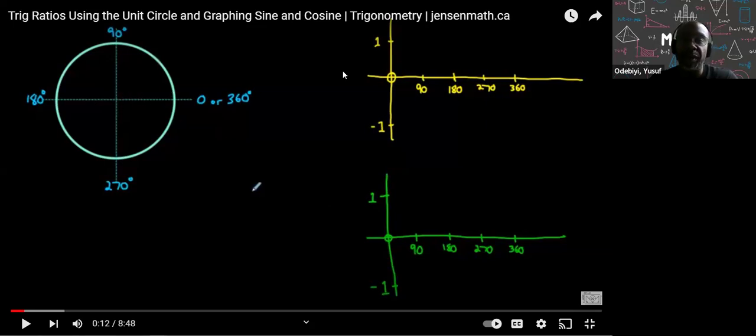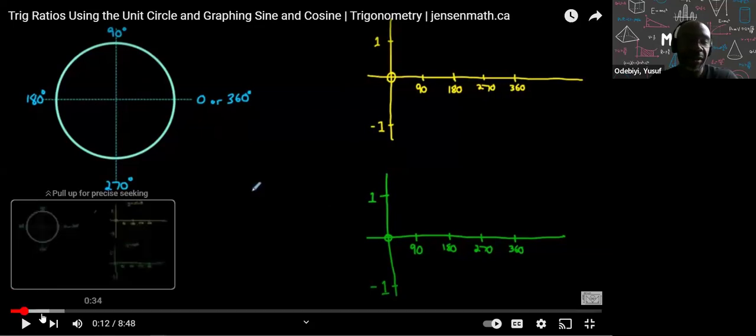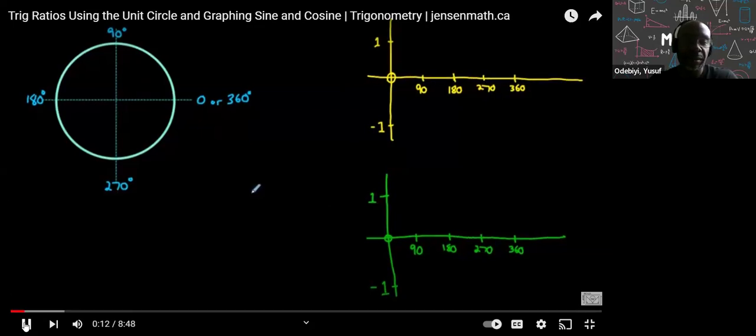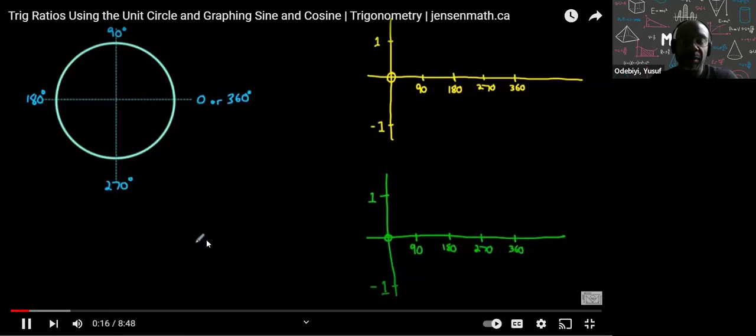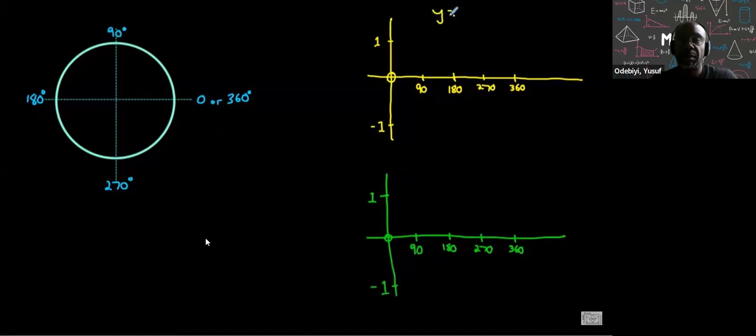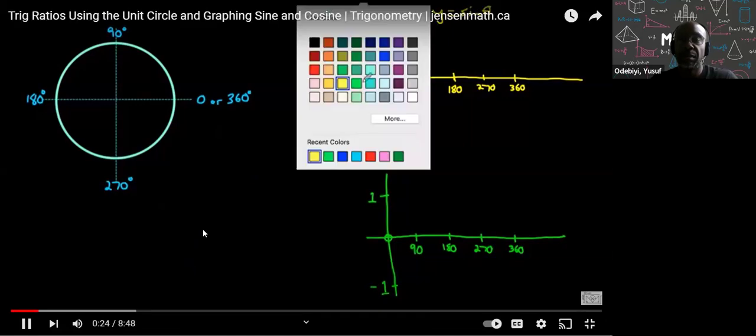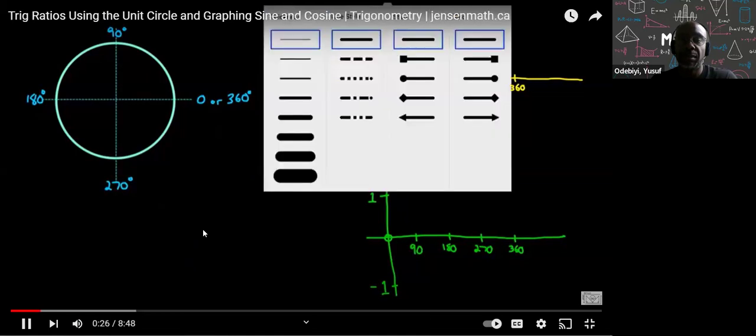Now we're going to see how it relates to a sine graph and a cosine graph, okay? So here we go. How we can relate the three primary trig ratios to this unit circle, and then use that relationship to help graph what sine theta and cos theta actually are going to look like graphically.